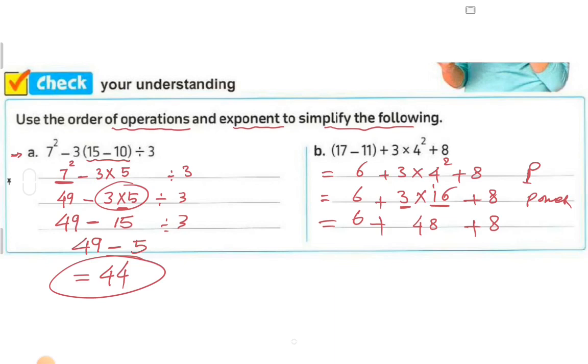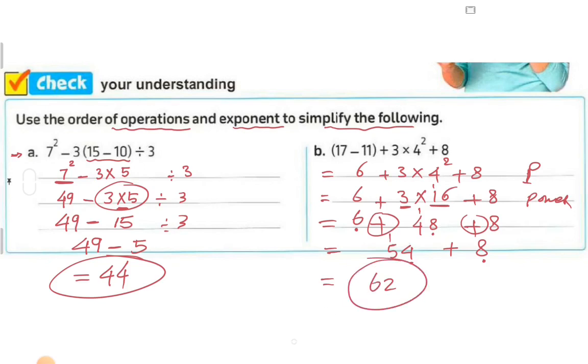Now we have plus and plus, so start with any one of them. It's the same. Add 6 plus 48 plus 8. Start with 6 plus 8 equals 14. Then 14 plus 48: 4 plus 8 equals 12, write 2 and carry 1. 1 plus 5 equals 6.